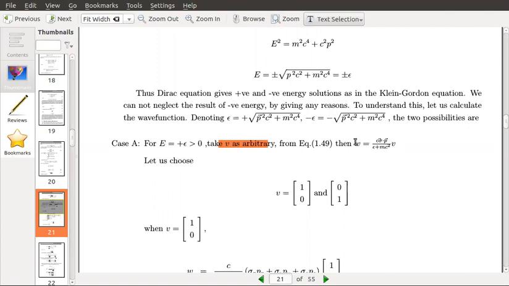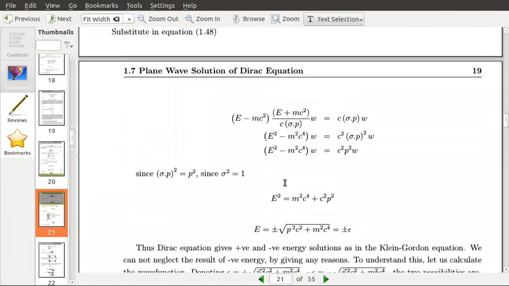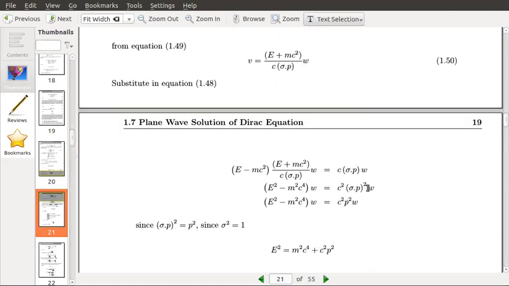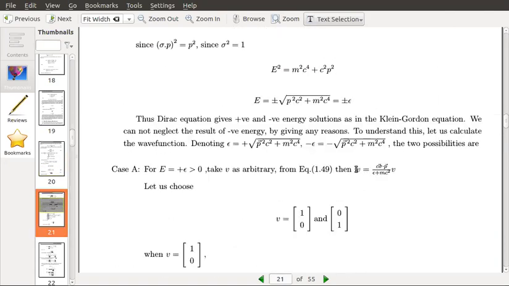See this equation, 1.49. What is W? From 1.49, W equal to c sigma dot P divided by E plus mc squared, into V. In the denominator E comes, but that E we wrote as plus epsilon.